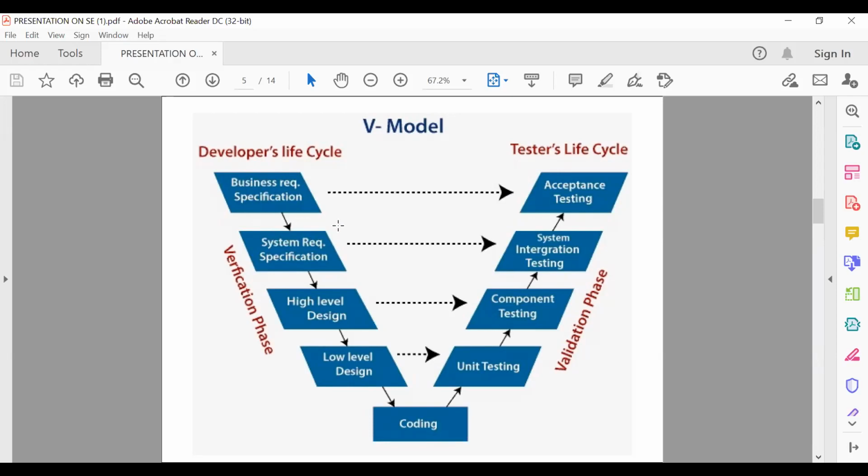So the V model was introduced to overcome this drawback of the waterfall model, where testing can only be done at the last phase. In the V model, the testing phase is done simultaneously with development in each phase.